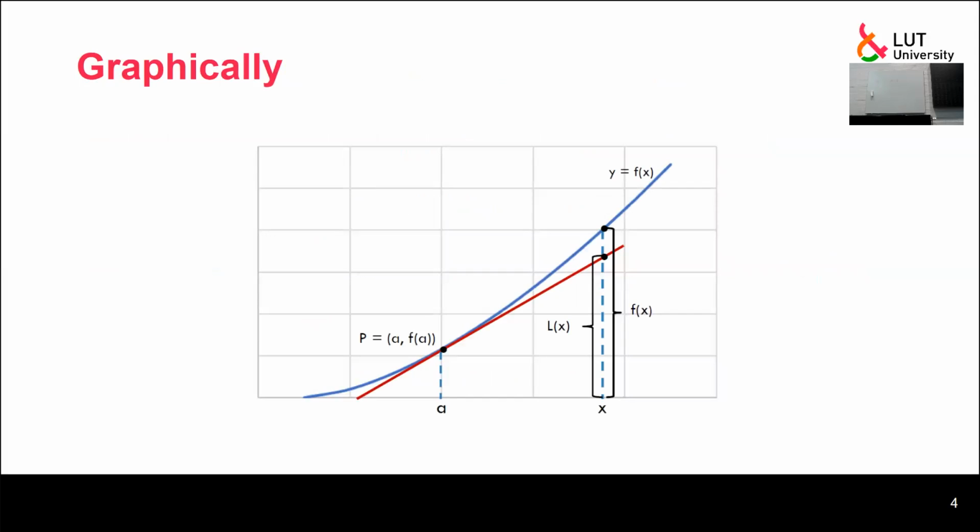So graphically it was this. We have some function that we don't want to calculate necessarily. This is a really simple function. And then we instead draw a straight line and notice that the value L(x), the linearization function, is usually pretty close in the vicinity to the real function value.